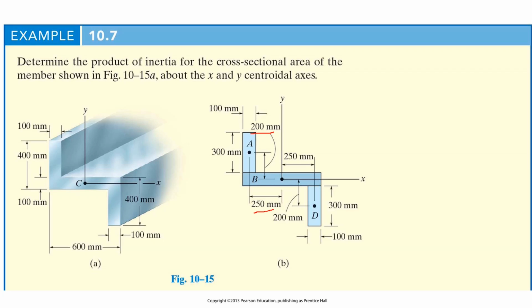So Ixy, well, IB is 0. So it's just IA plus ID. IA, and just to remind us, it's the product moment of inertia.